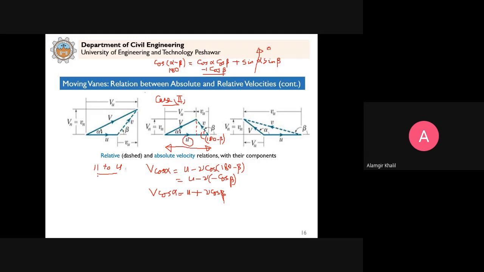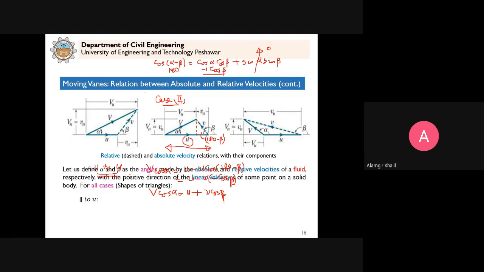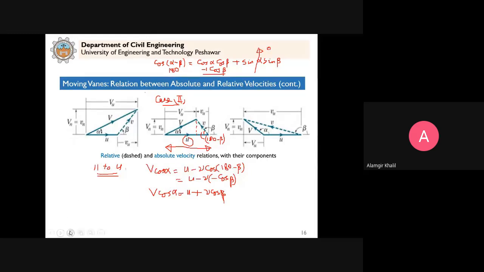So this is the component which is parallel to u. And if you see here, this is the same component: v cos of alpha is equal to u plus small v cos of beta. You get the same result parallel to u. Next we consider perpendicular to u.